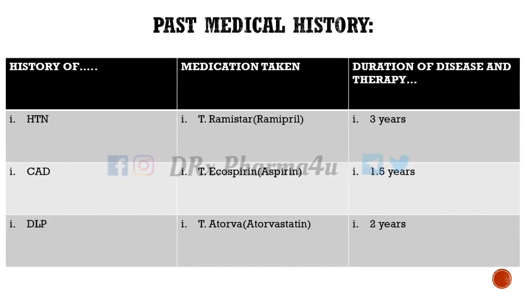If you look at the past medical history, the patient has a history of hypertension, coronary artery disease, and dyslipidemia. So coronary artery disease usually is the development of atherosclerotic mass in the coronary artery. As a result of which proper blood supply does not happen and the patient experiences some kind of chest pain and breathlessness.